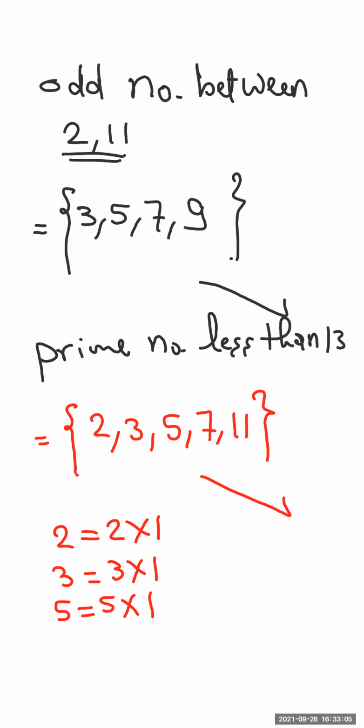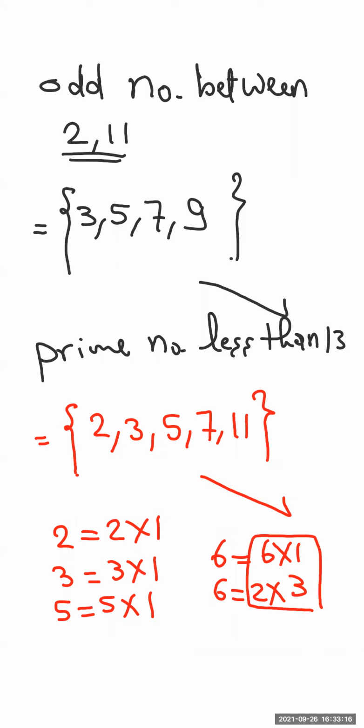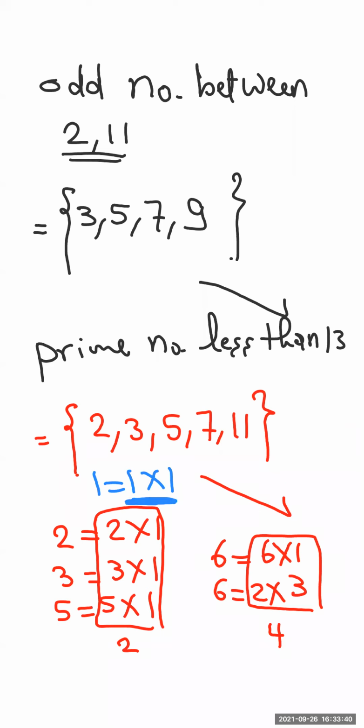But what about 6, for example? Actually, 6 equals 6 times 1, and also 2 times 3. So there are 4 factors here, but here only 2 factors. So the prime numbers are the numbers that have only 2 factors. Then why is number 1 not a prime number? Because 1 has only one factor, because 1 equals 1 times 1. So it's only 1, right? That's why 1 is not a prime number.